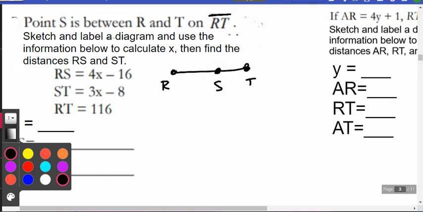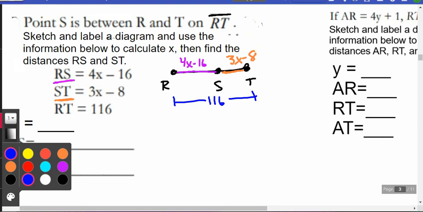And then what we know is RS, so this portion, is 4x minus 16. ST, the other part, is 3x minus 8. And we know that the segment RT is 116 units.